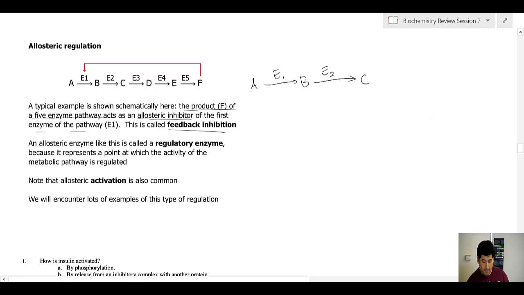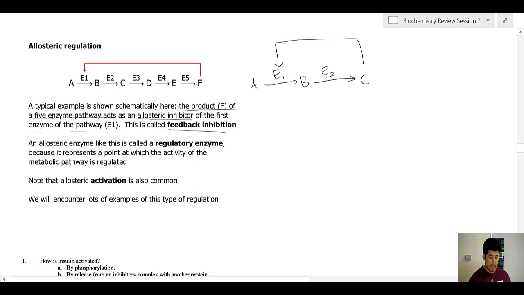Now let's stop here. What happens if the concentration of C becomes so great that it starts to lower the activity of enzyme 1? Enzyme 1 acts on which substrate?